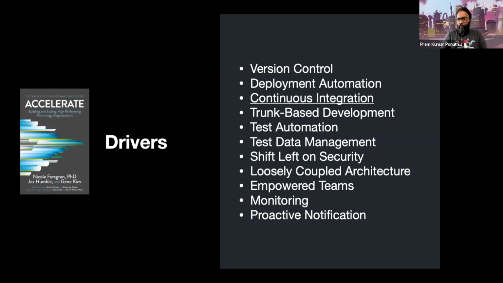A big shout out to her, who's also part of GitHub right now, for putting a lot of heart and soul into this book, because it speaks a lot about the different precursors or drivers to successfully implementing CI and CD in your software development workflows, starting from version control to deployment automation, trunk-based development, testing strategies, making sure security is shifted to the left in your life cycle, as well as coming up with a very loosely coupled and flexible architecture.